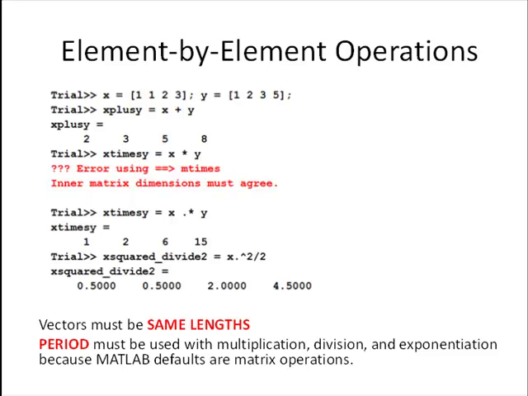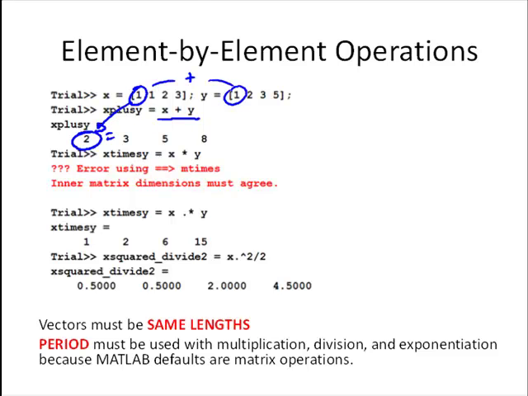And so we see to calculate x plus y, we just type in x plus y. And our result gives us a new vector, x plus y, where that first element of x plus y is equal to the first element of x plus the first element of y.